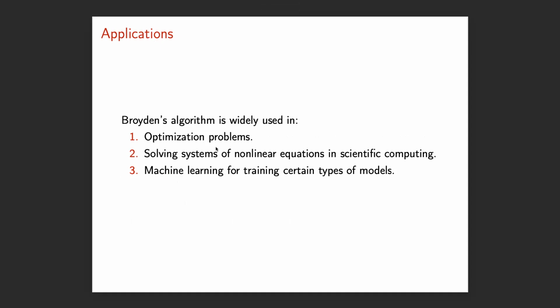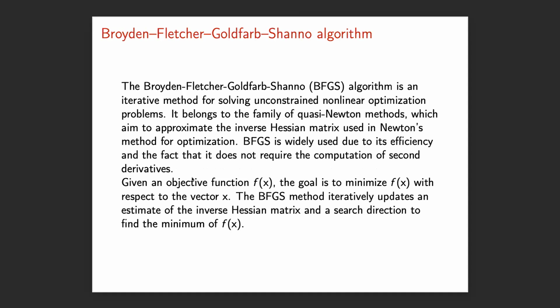So if you go into SciPy, like we discussed last week, this is a function I recommend you use when you're finding the roots of the gradient. When you use SciPy, you will see that Broyden's method is a possibility. And it's actually used a lot in optimization problems and also for machine learning training.